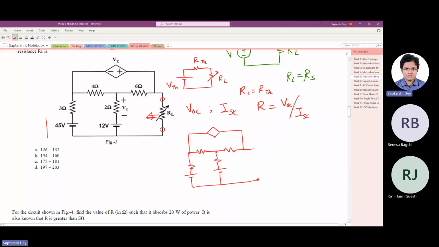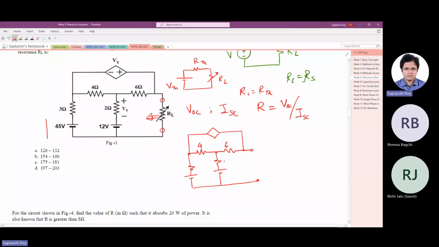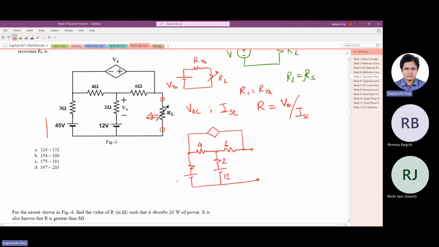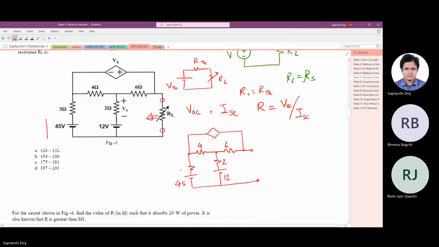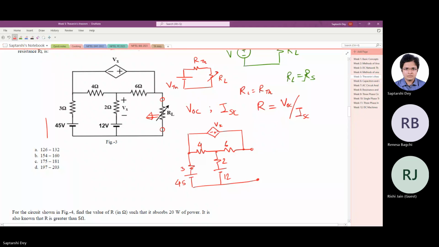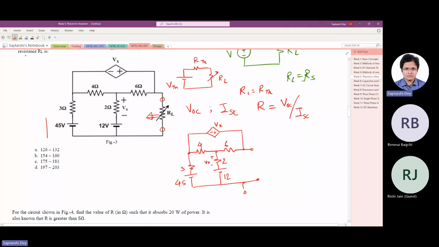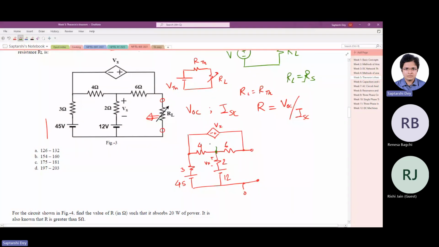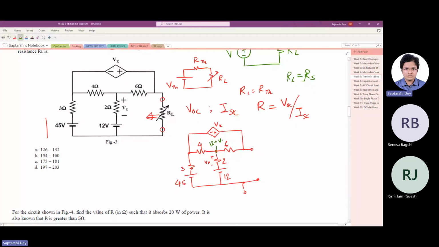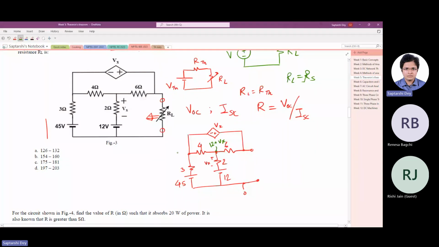This is open. Now we have 4 ohm, 6 ohm, 2 ohm, 12 volt, 45 volt, 3 ohm, and this is Vx. Now we will take this one as 0. So this is 12, and this voltage they have said is Vx. So we know that this node is at a voltage of 12 plus Vx, and this node we do not know, so let us call the node voltage here Vy.